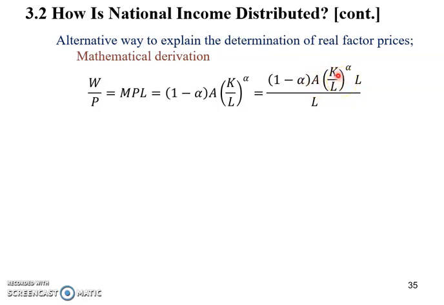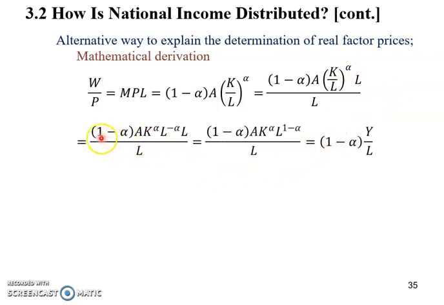But what we want to do in the next step is open up these brackets, and then you would find this equals K to the power of alpha and 1 over L to the power of alpha, or you could say it's L to the power of minus alpha, because the L is in the denominator.